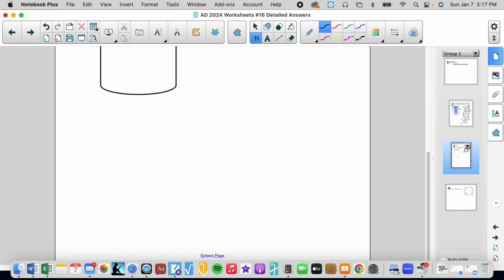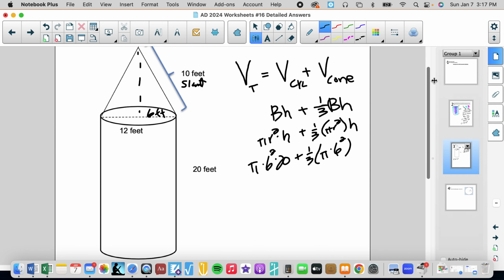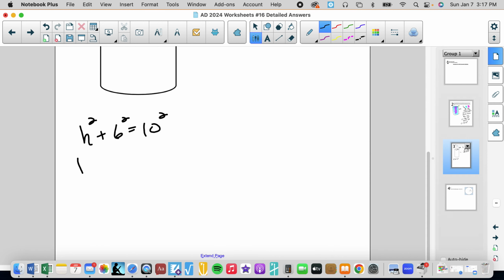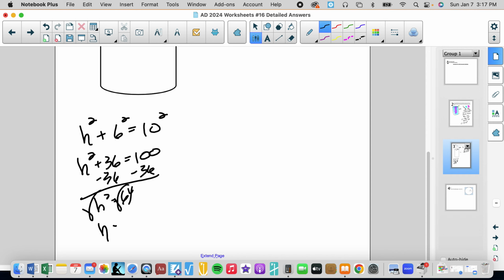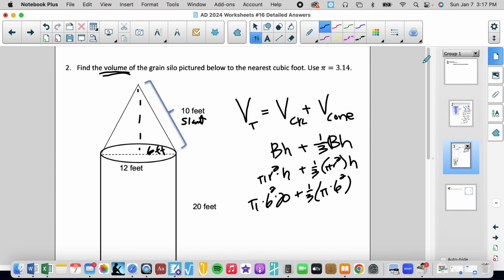So the height squared plus 6 squared is going to equal 10 squared. I think the hypotenuse, that slant height was 10, yep. So h squared plus 36 equals 100, minus 36. h squared equals 64, square root, h equals 8.